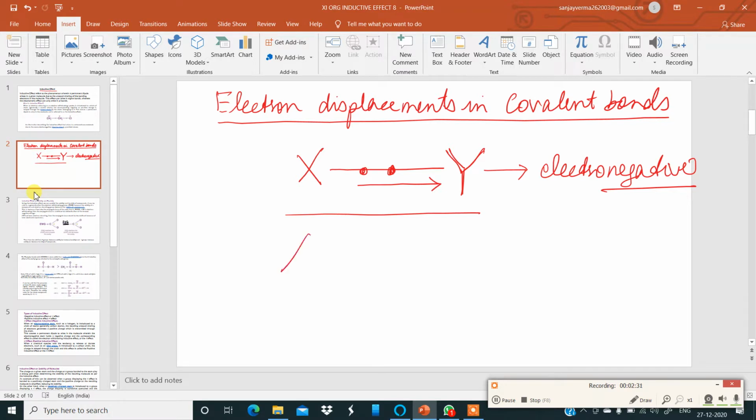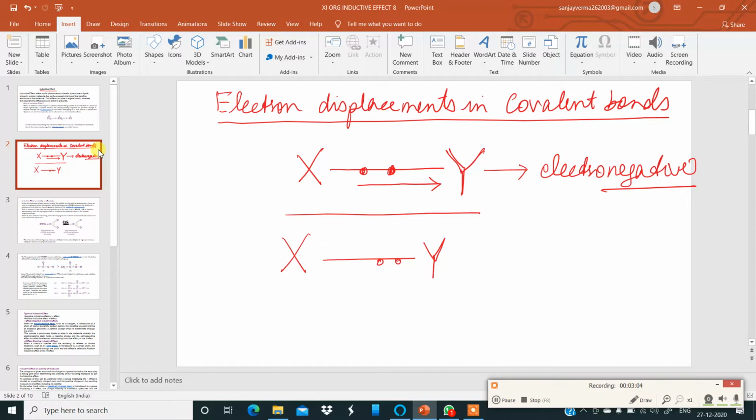So this shifting of electrons towards the more electronegative atom is called electron displacement in covalent bonds. Please remember that. The electron displacement in covalent bonds is of different types, which I'll be discussing today in this video.